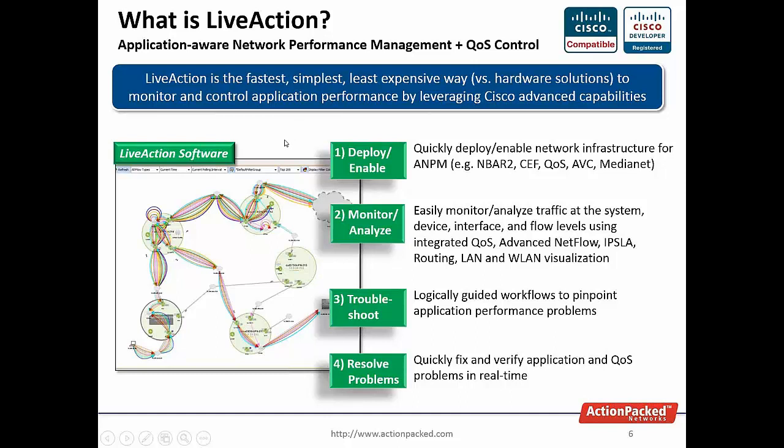Today, that means being able to deploy and enable technologies for application network performance management using NBAR2, QoS, AVC, and Medianet, then monitor and analyze at the system, device, and flow levels using integrated QoS with our end-to-end visualization. It helps you troubleshoot by using guided workflows to pinpoint application performance problems, and then we resolve problems by adjusting quality of service on the fly from within our tool, which is an exclusive that we have.